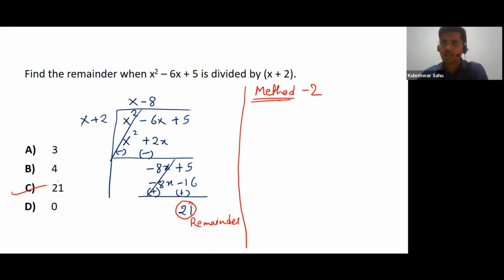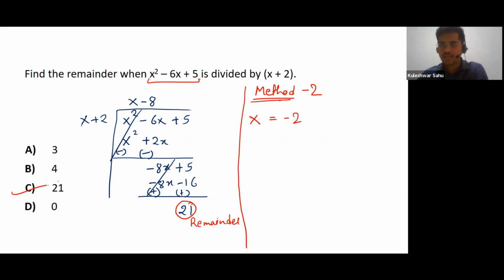And if it is not 0, whatever the number we will get, that will be the remainder of the given expression. So, in order to find the remainder, since we need to divide this number by x plus 2, we are going to put x is equal to minus 2 in the given expression.